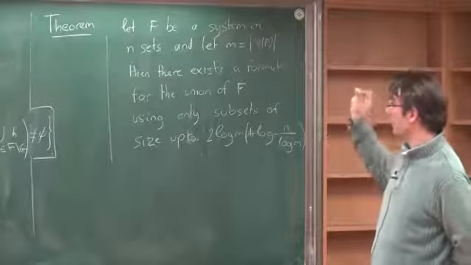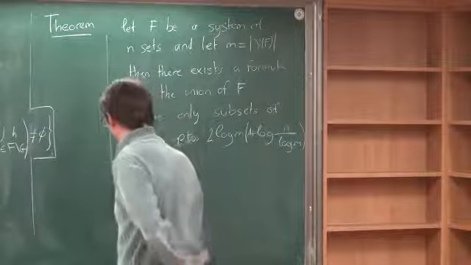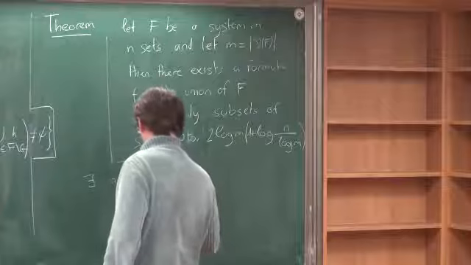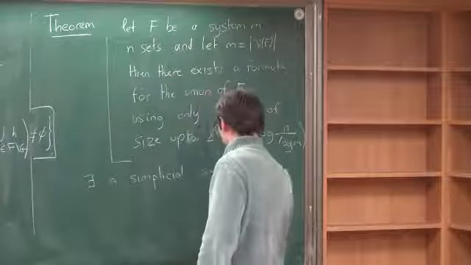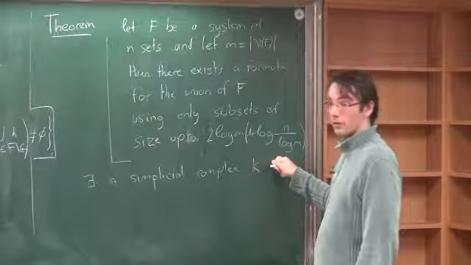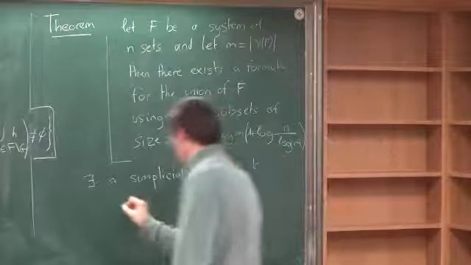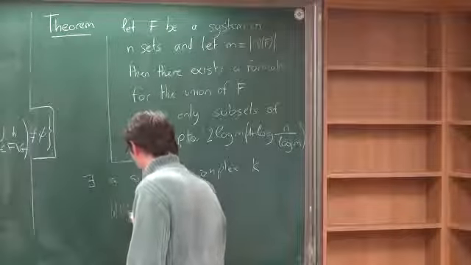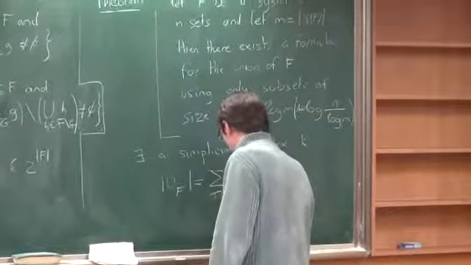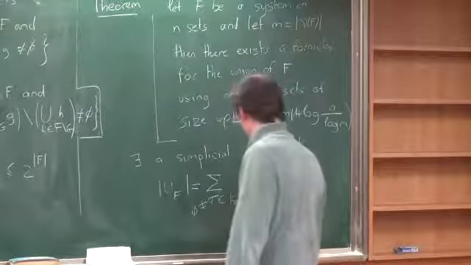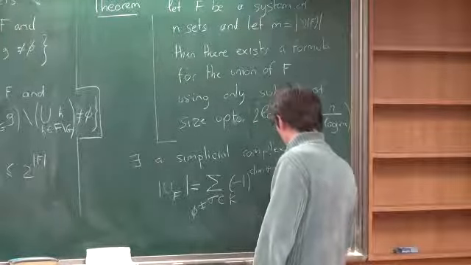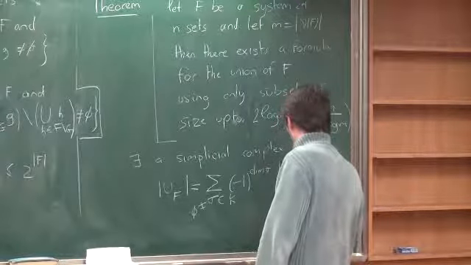No. So, okay, what I mean here is, there exists a simplicial complex whose simplices have this dimension at most, and such that the union of f is equal to the sum over all simplices of K that are non-empty of -1 to the dimension of sigma times the size of the intersection I in sigma of xi.